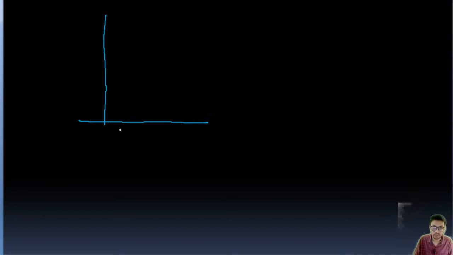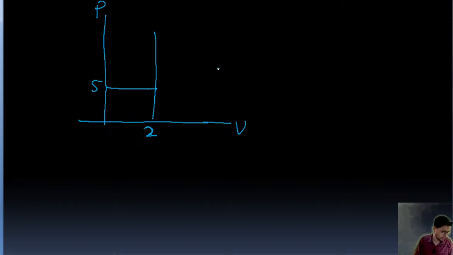Okay, so this is V, this is P. And this one and this one. Okay, so this is 5, this is 2, and this is 6, this is 6.